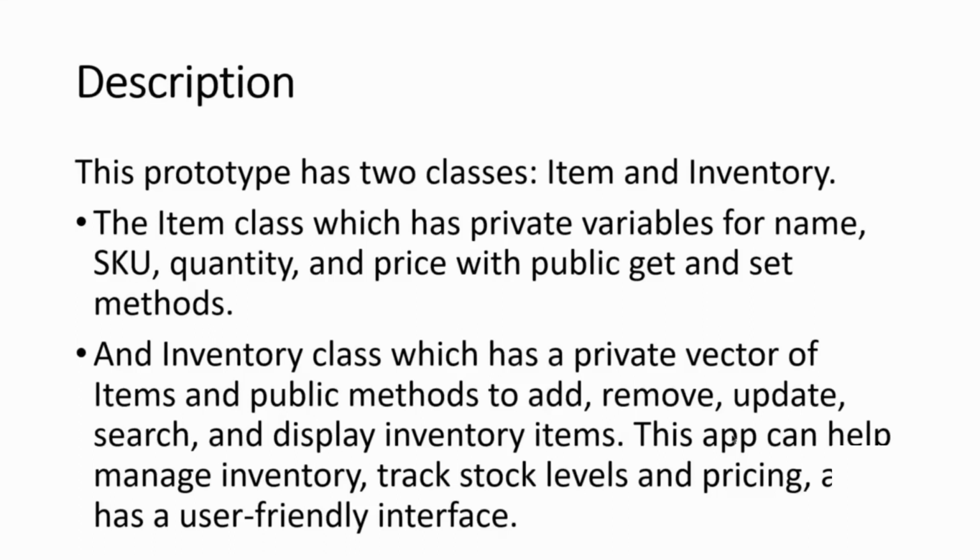The inventory class has a private vector of items and public methods to add, remove, update, search, and display inventory items. This app can help manage inventory, track stock levels and pricing, and has a user-friendly interface. So it's not hard. It's easy to work with.